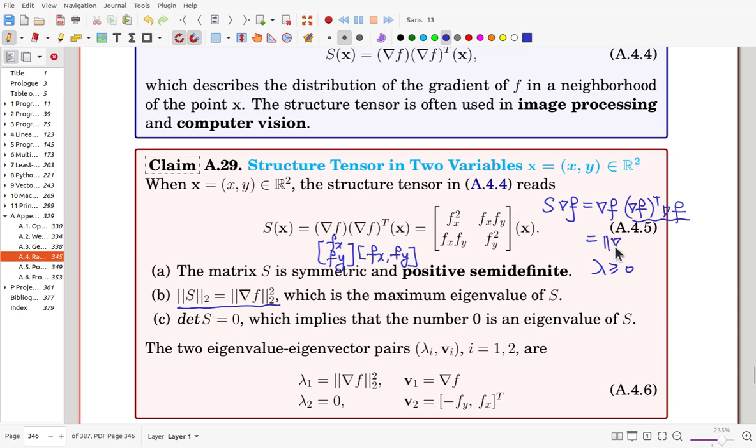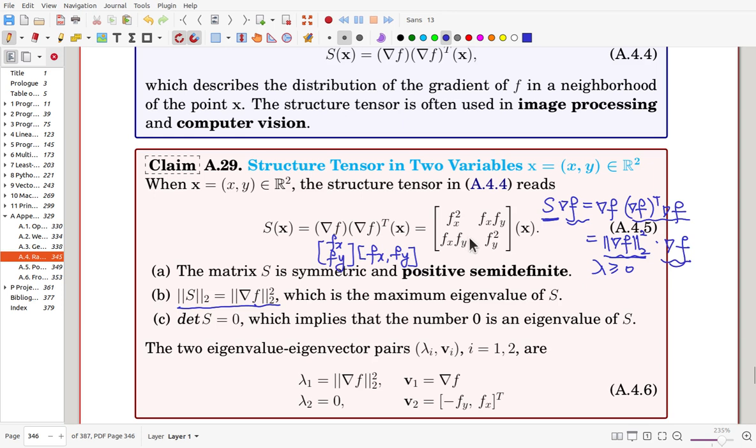So that is the gradient of f norm squared, of course the 2 norm, times the gradient of f. So the matrix times a vector is the same as a scalar times the same vector. That means the gradient of f is an eigenvector corresponding to this eigenvalue. So that is the large eigenvalue, and the corresponding eigenvector is the gradient of f, right?